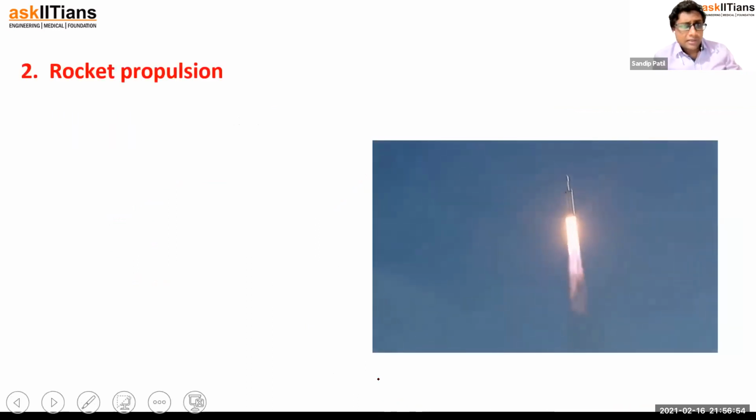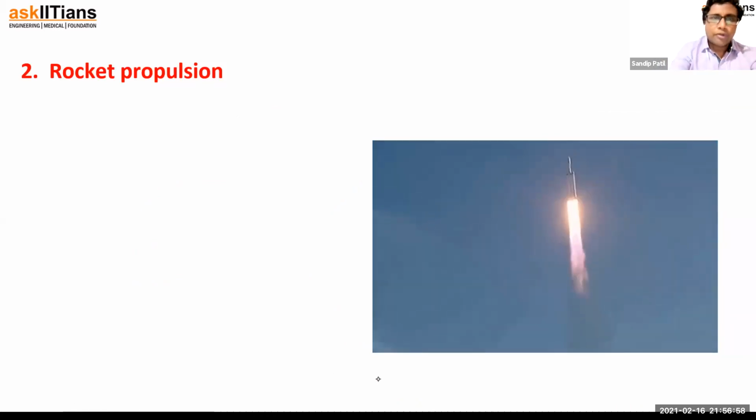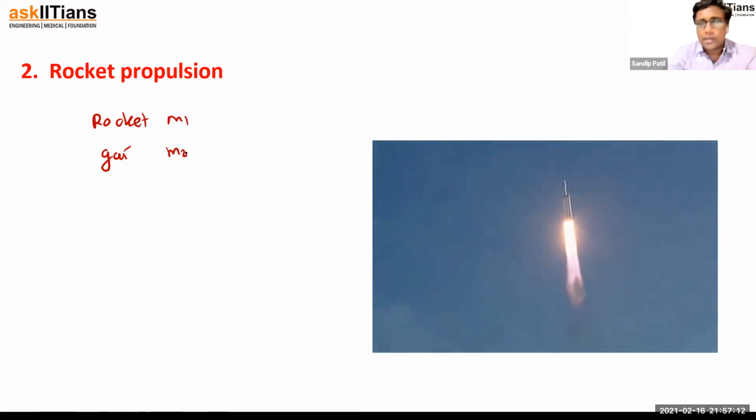And in the second case, rocket propulsion is there. In rocket propulsion, there are two things. Let's say the rocket, and second one is a gas, that gas which is ejecting, right? So let's say the rocket has mass m1 and the gas has mass m2, right?